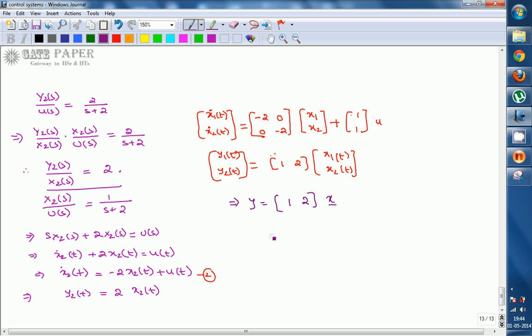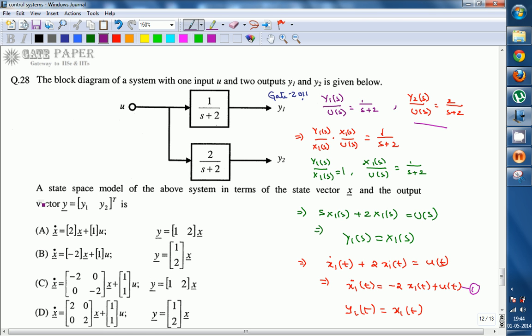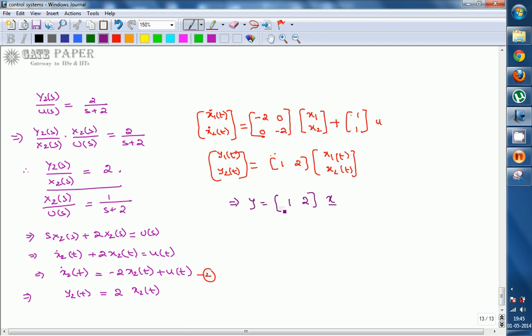So here it is given that y bar equals y1 y2 transpose, then we'll get y equals y1 y2 transpose, which is nothing but 1 2 x bar.